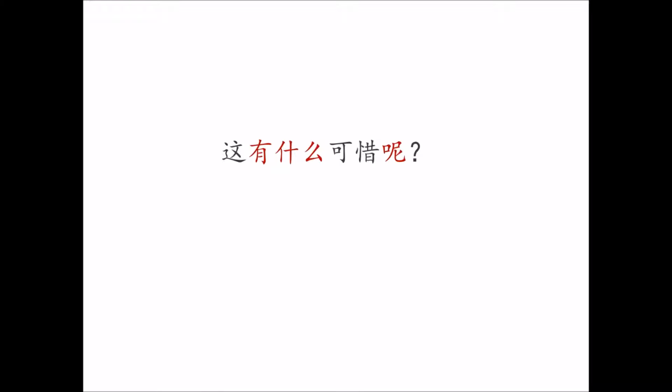It is usually used to form a rhetorical question implying a negative statement. At the end of the sentence, sometimes we can use 呢. And what follows 有什么 can be an adjective or a noun. When it is an adjective, we can replace 呢 with 的.